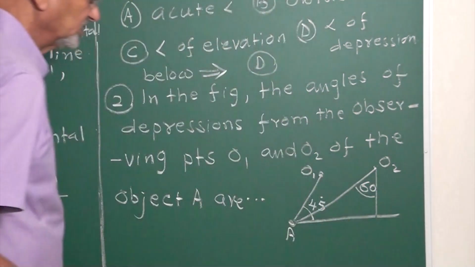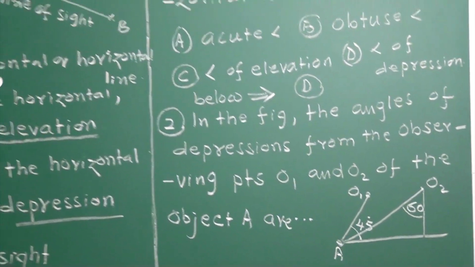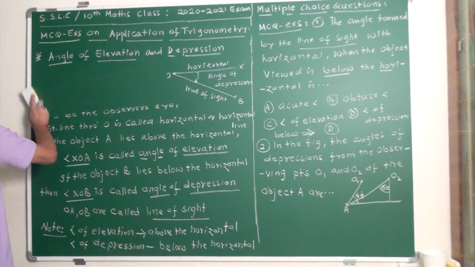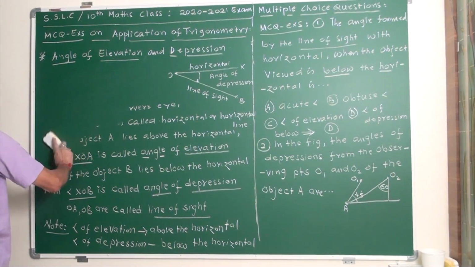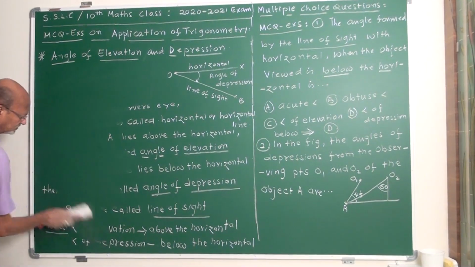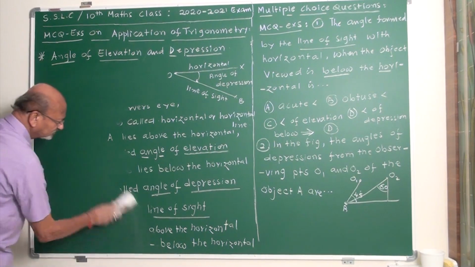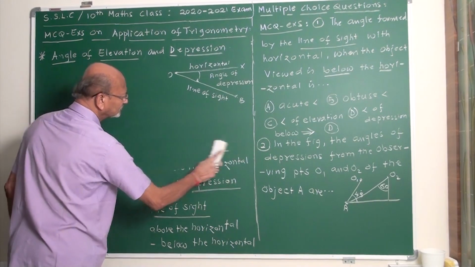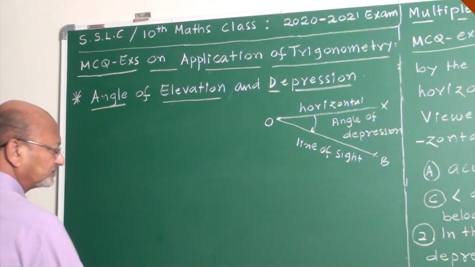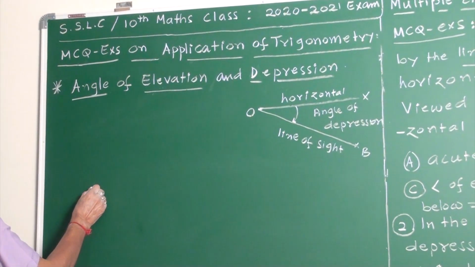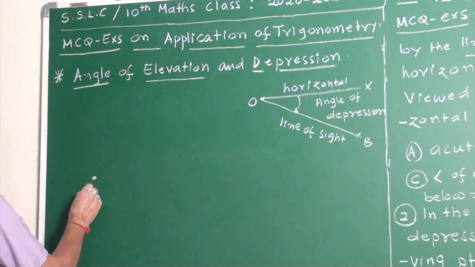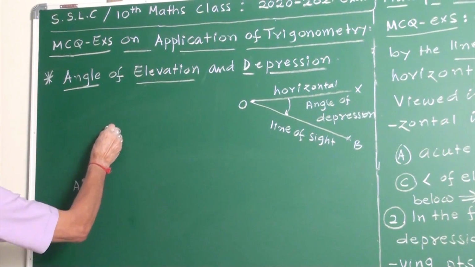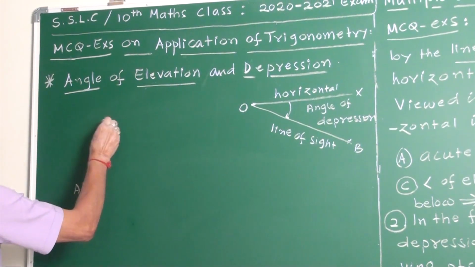Yes, my friends. Now we do one by one. See here. This is object A. Your first point is O1.